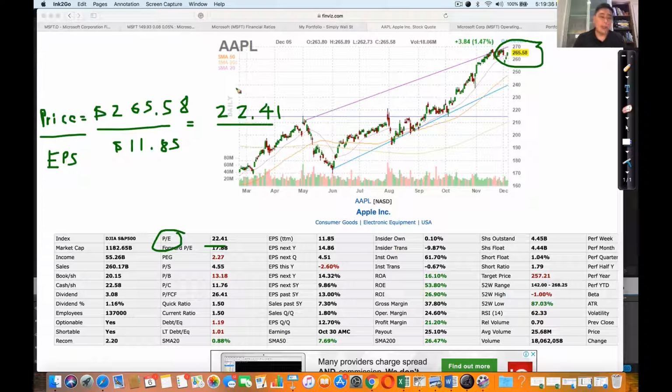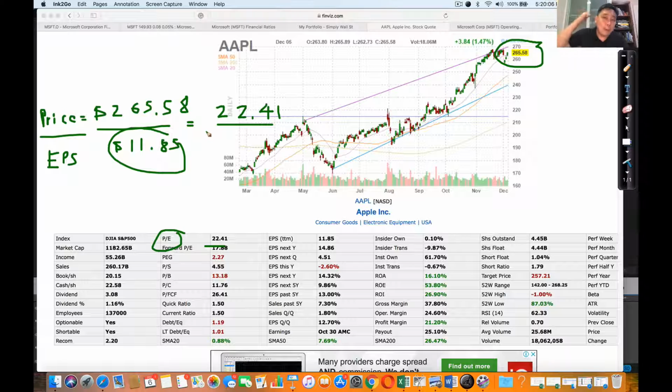What this means is that, in a way, you're paying 22 times for every dollar of earnings, which means for every $1 that a company earns in profit, you're paying $22 to buy the shares. So theoretically, if the earnings remain the same, you need 22 years to get your money back, to break even. But of course, that's not going to happen because companies grow. So we expect the earnings per share to grow from $11 to $15 to $20.